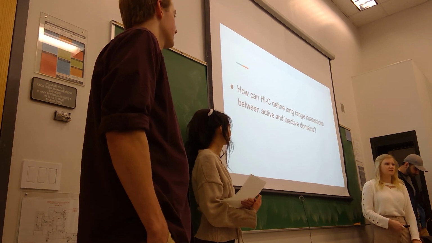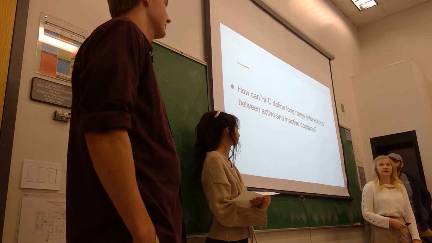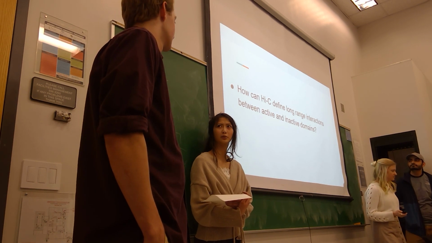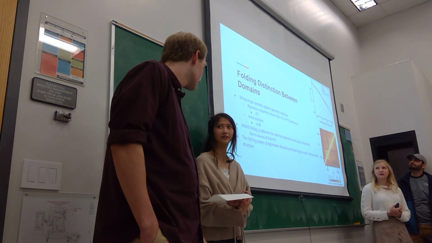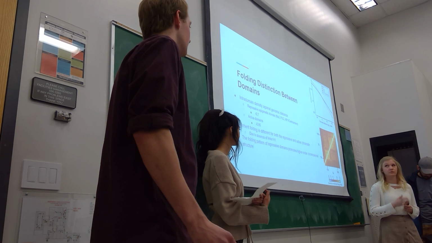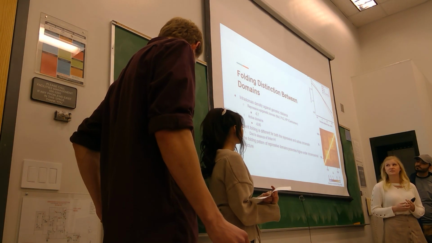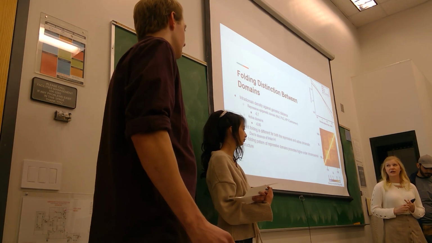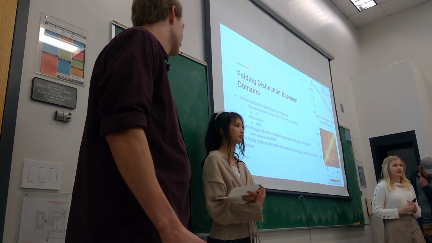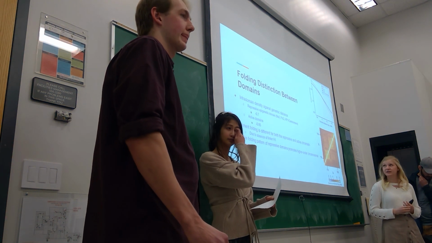So the next thing that the paper really focused on was how Hi-C can define long-range interactions between active and inactive domains. So the first thing we looked at was the folding distinction between these two domains. Like we talked about before, the repressive epigenetic domain consists of null, PcG, and HP1 or centromere. And then the active domain is the K4 trimethylated.